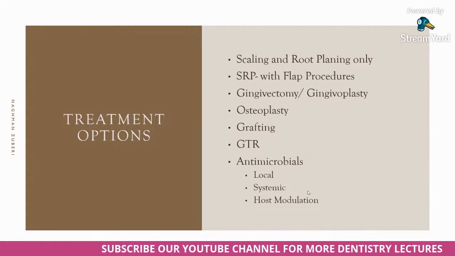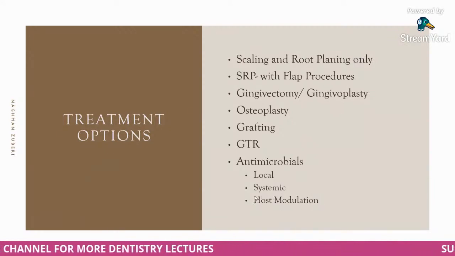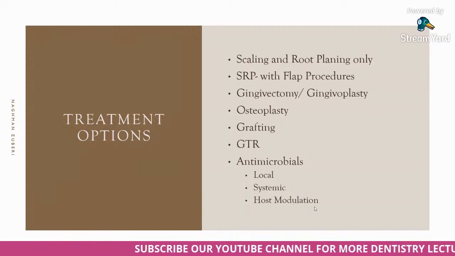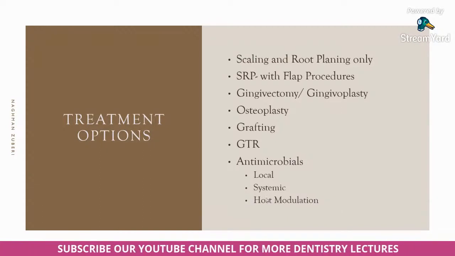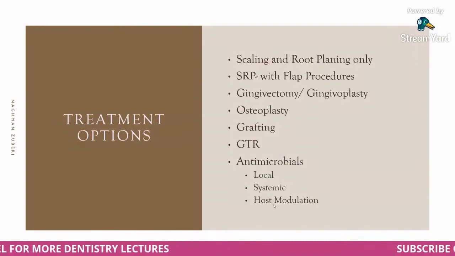Host modulation is by a subtherapeutic dose of doxycycline. We have to see whether it is a case of recurrent periodontitis or refractory periodontitis, and choose accordingly. Keep in mind that doxycycline in host modulation is not used for its antibacterial effect.